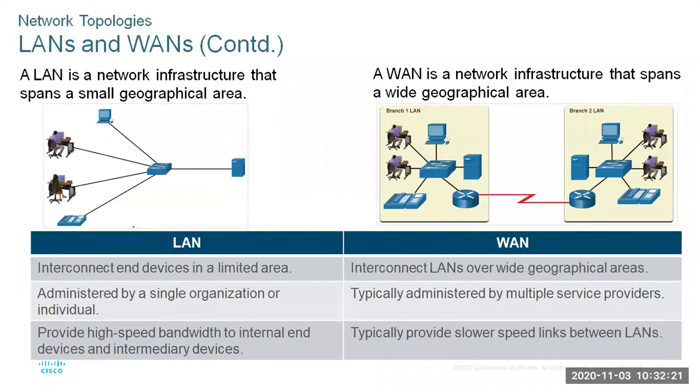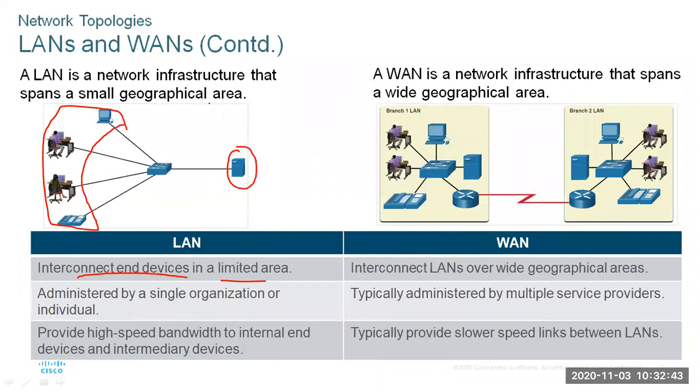Now, a local area network interconnects end devices in a limited area, or sometimes we can say a small geographical area. So you see, these are end devices. All these are end devices. This is also an end device.